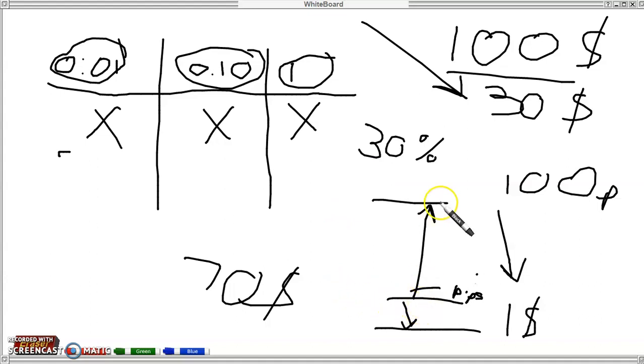If you win this trade, you will make $100, because it's 100 pips and it's one standard lot, so it's $1 per pip. But you will lose your $30 if you lose this trade, if your stop loss is 30 pips.